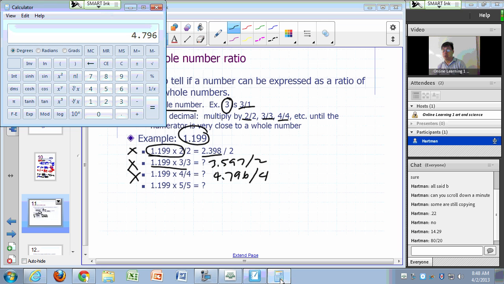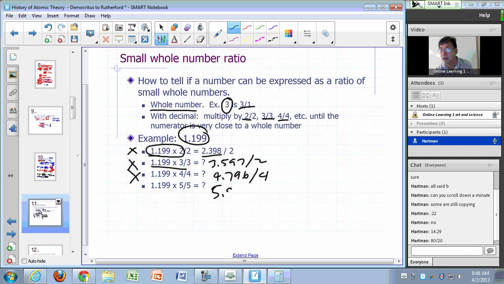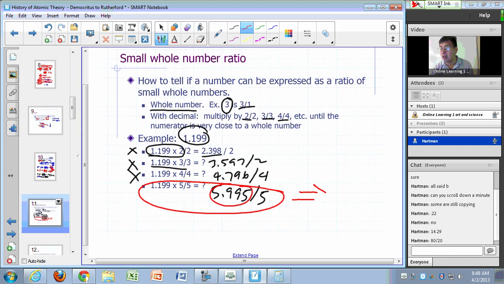How about 5? You try 1.199 times 5, that gives you 5.995 to 5. Now that is very close to a whole number. So you can say that this is essentially equal to 6 to 5, 6 over 5. So that ratio, 1.199, is a 6 to 5 ratio.